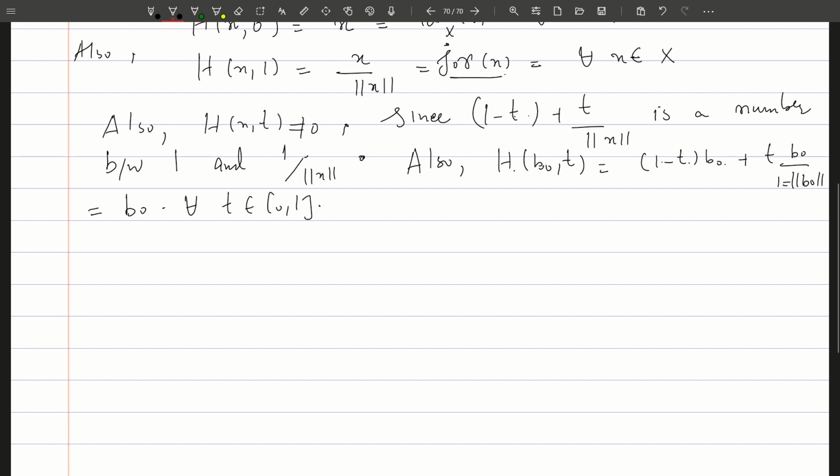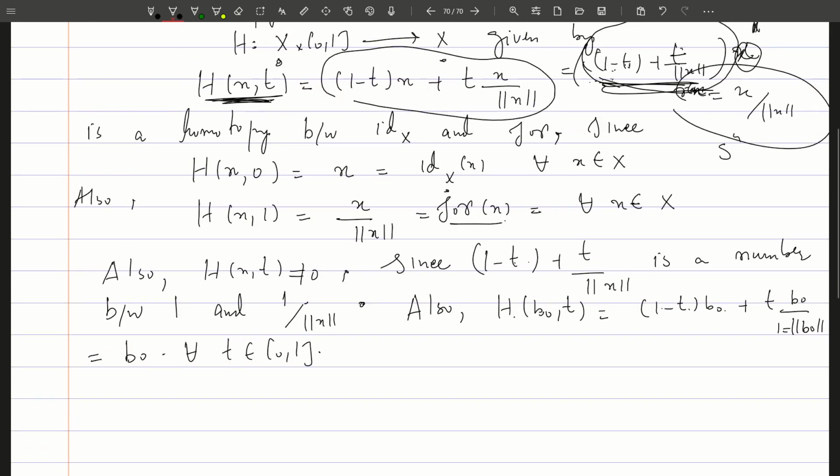Now we can invoke the previous lemma here. Since these two maps are homotopic, and b naught remains fixed during the homotopy, the homomorphisms induced by these two maps are going to be equal.